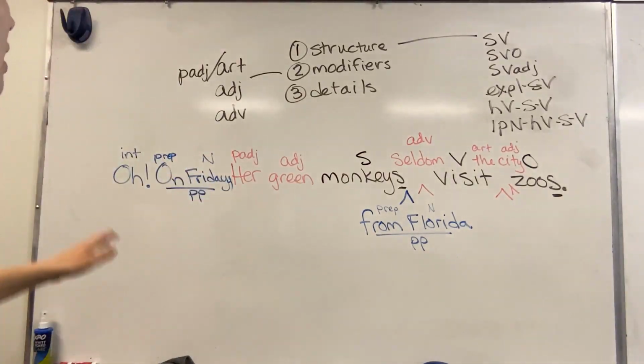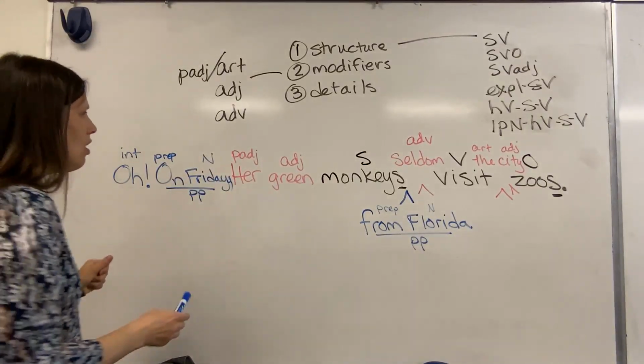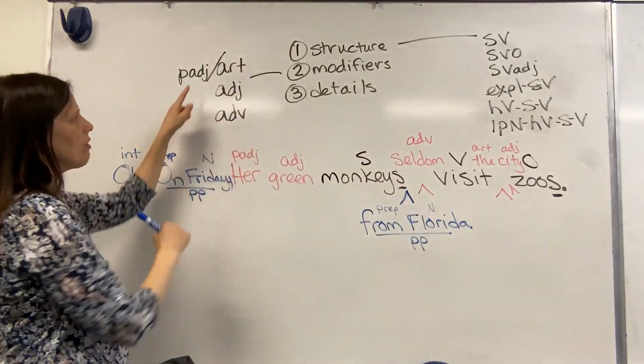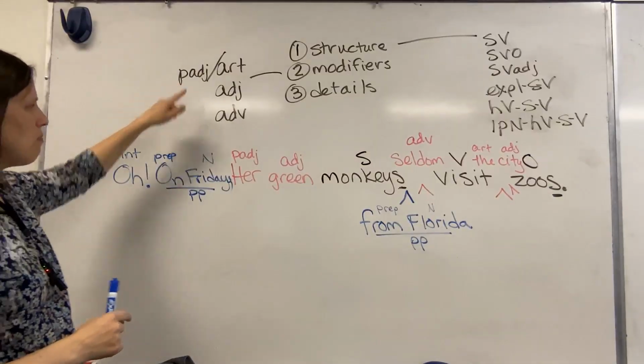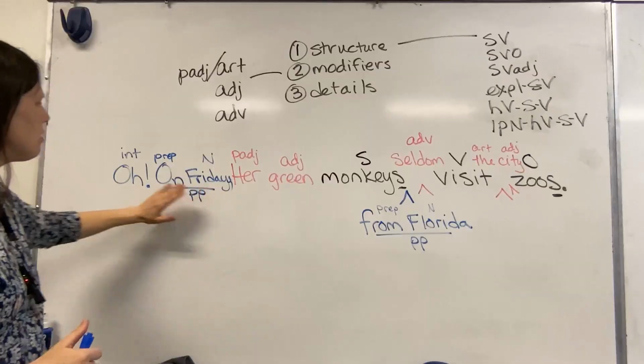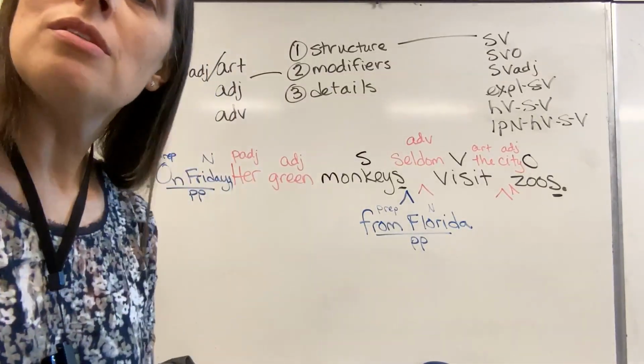And there we go. We've got our big, long, fat sentence starting with our basic structure, SVO, building with the modifiers, article, adjective, adverb, and maybe possessive adjective, and then third step, we add the details, prepositional phrases, and interjections. And that is how you build a sentence in English.